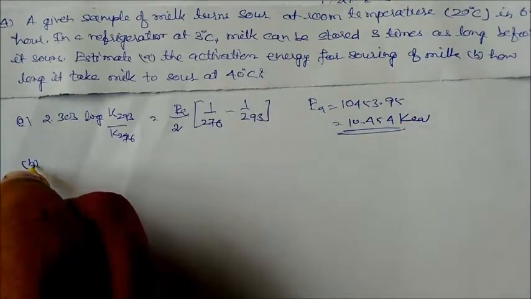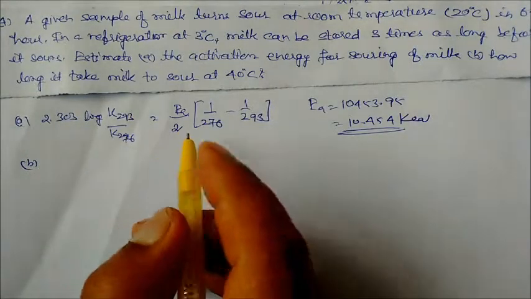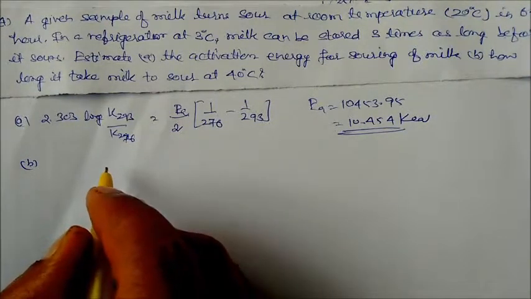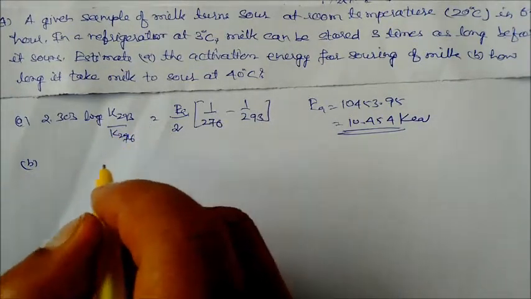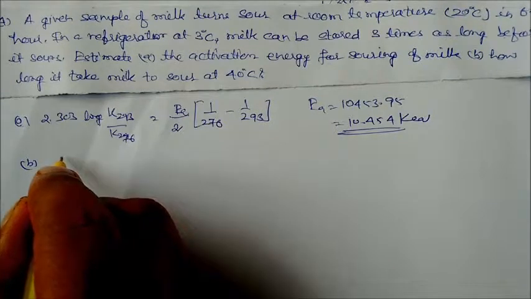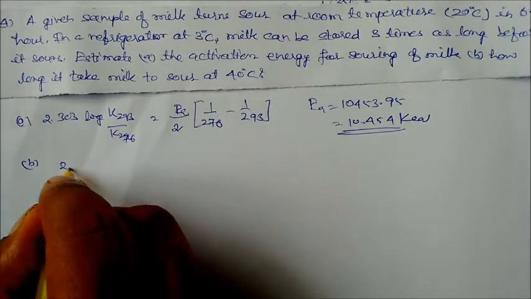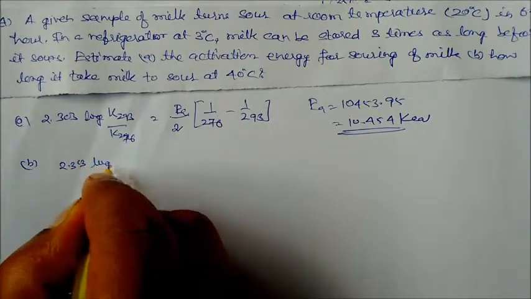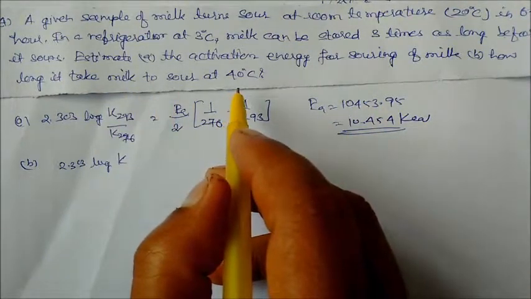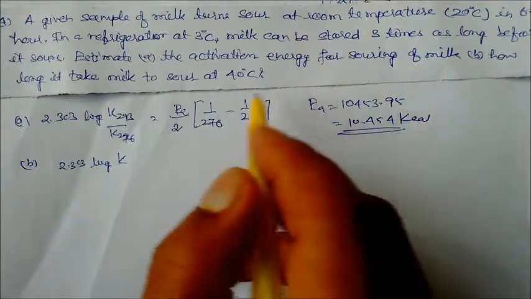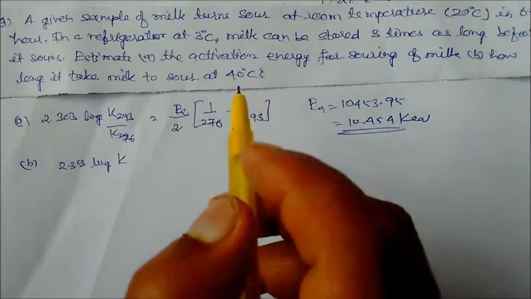Now the second case: how long it will take to sour the milk at 40 degrees centigrade. Once we know this K, we can find out the temperature K. K3 by K2 depends on the time. So here we can write 2.303 log of K3 by K2. K3 means the one at 40 degree centigrade, and we have to find out how long it will take to sour at 40 degree, so 20 to 40 degree centigrade.